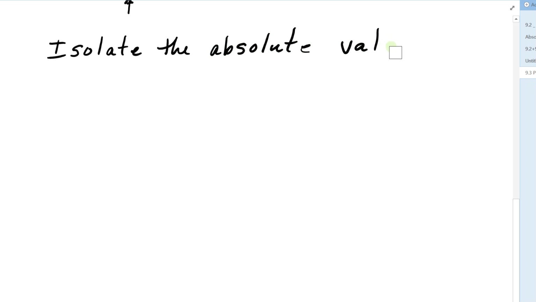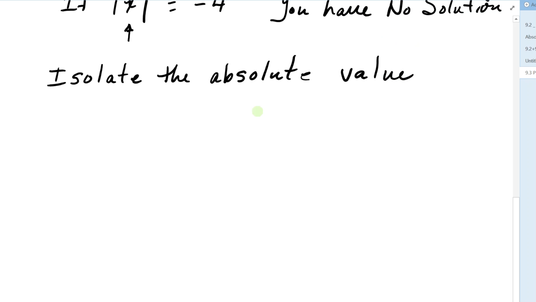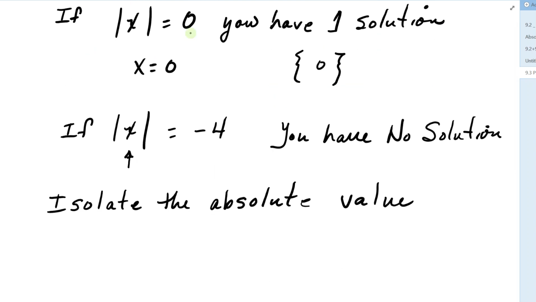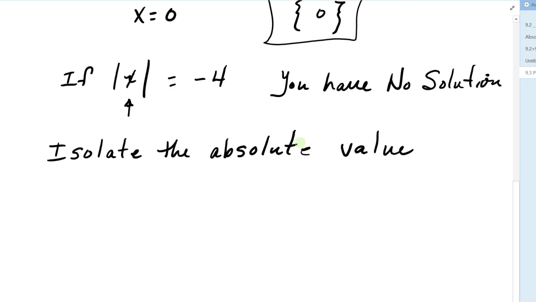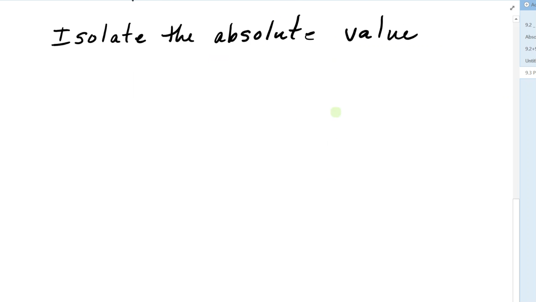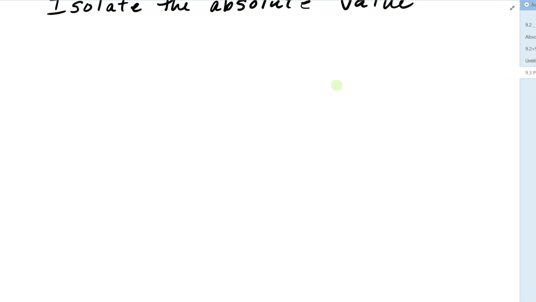That way you will know whether you have, if it's equal to a positive, you're going to get 2 answers. If it's equal to 0, you're going to get a single answer. If it's equal to a negative, you'll have no solution. So the first thing you're going to want to do is isolate the absolute value.